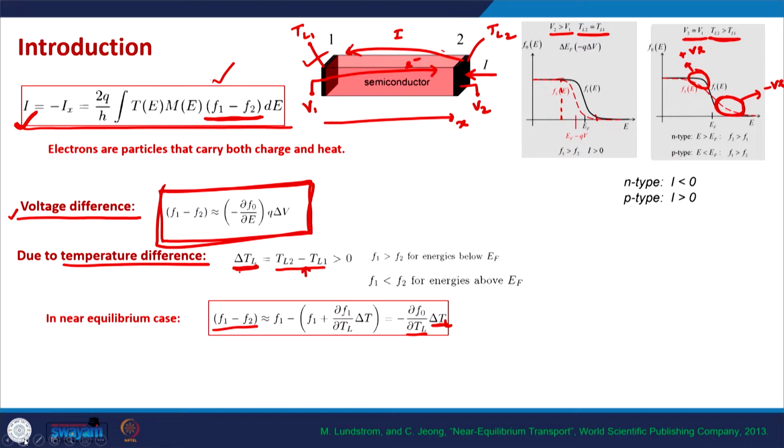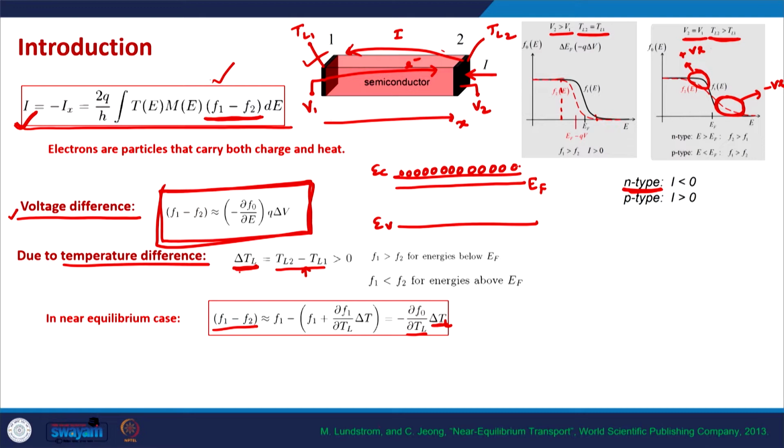So what we can say here is that for an n-type conductor, if this semiconductor is an n-type material, the current conduction happens in the conduction band. So in an n-type material, this is the conduction band, this is the valence band edge, and the Fermi level is close to the conduction band, and most of the conduction happens in the conduction band.